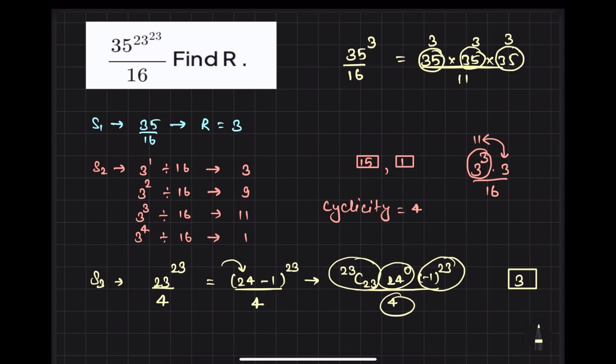Okay, so if you divide 27 by 16, I was thinking about 16 but I wrote 11. Okay, so if you divide 27 by 16, you will get remainder as 11. Okay, so the final result is 11. I hope the idea is clear and you guys are now good with the steps involved in it.